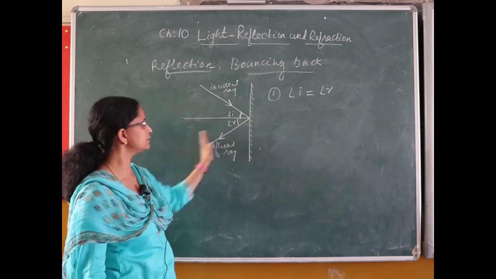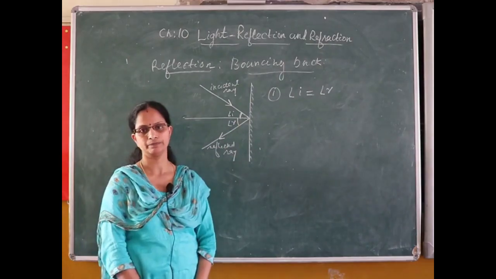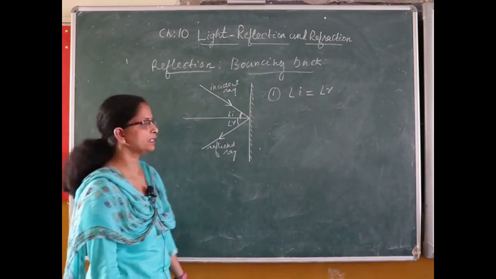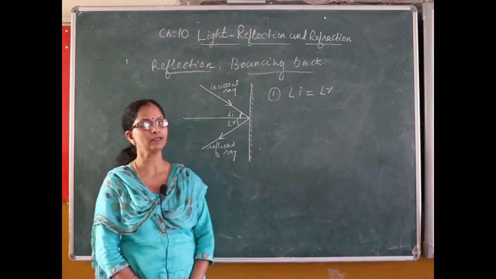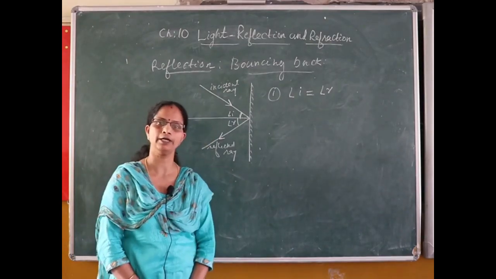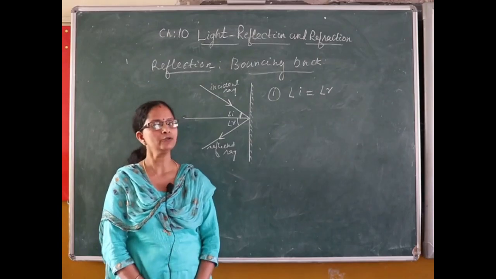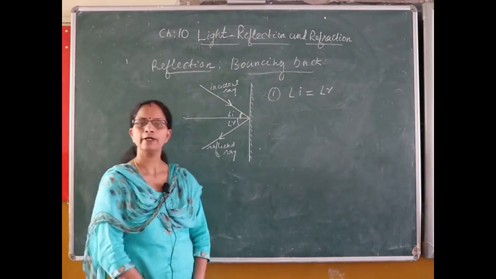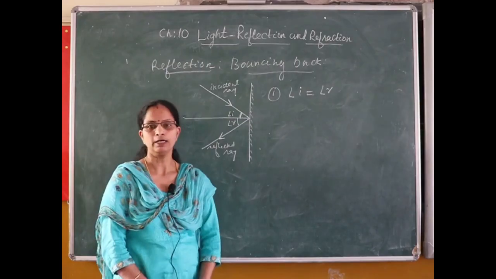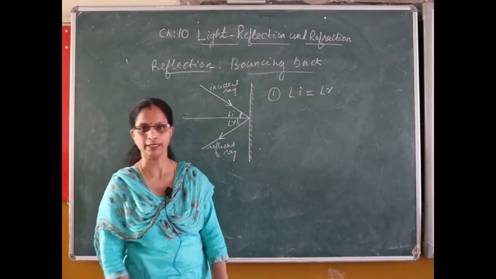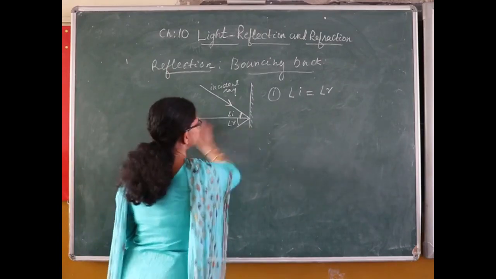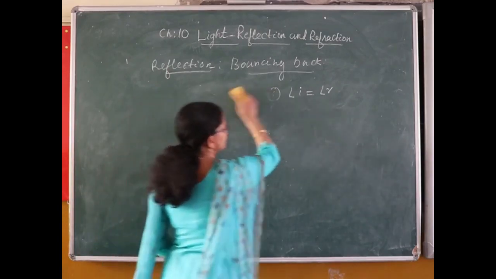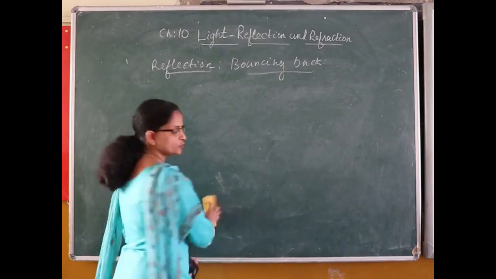So these are the two laws of reflection. The first law states that angle I is equal to angle R, and the second law states that the incident ray, the reflected ray and the normal lie in the same plane. All light rays undergoing reflection obey these two laws.